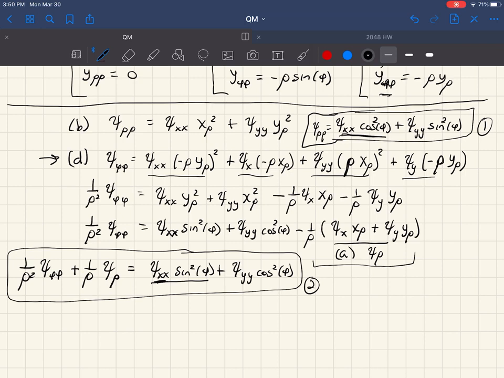So on the left-hand side, when I add all this together, we're going to get the second derivative with respect to rho. We already have this derivative with respect to rho. So remember, we're adding equations 1 and 2, so I'm adding the left-hand sides now.